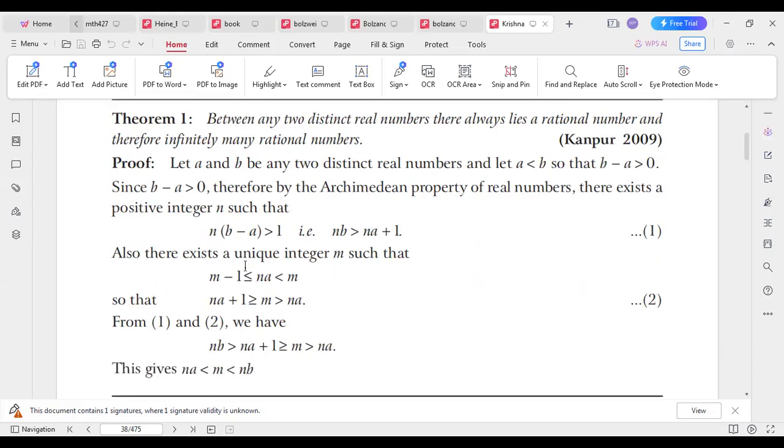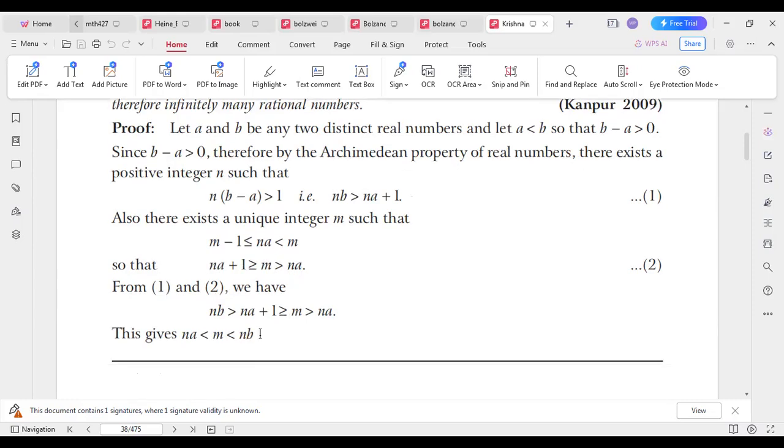And also there exists a unique integer m such that m minus 1 is less than or equal to na, which is less than m. That means na lies between m minus 1 and m. So na plus 1 is greater than or equal to m, which is greater than na. From equations 1 and 2, we observe that nb is greater than na plus 1, which is greater than or equal to m, which is greater than na.